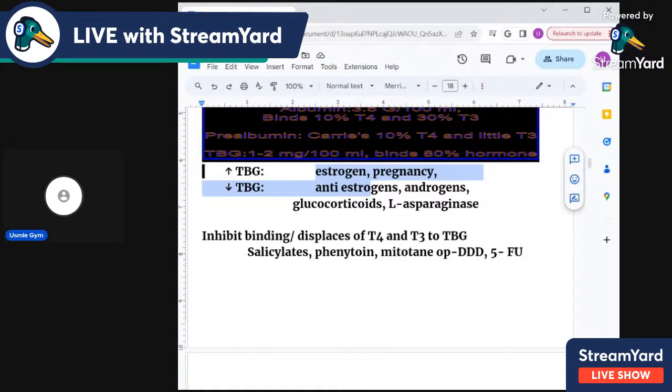When there is excess of estrogen in pregnancy, thyroid binding globulin increases. And when does it decrease? It decreases with anti-estrogens, androgens, glucocorticoids, and L-asparaginase. So thyroid binding globulin increases in pregnancy and with estrogen therapy, and decreases with anti-estrogens and androgens.